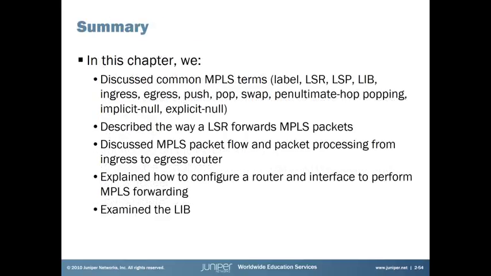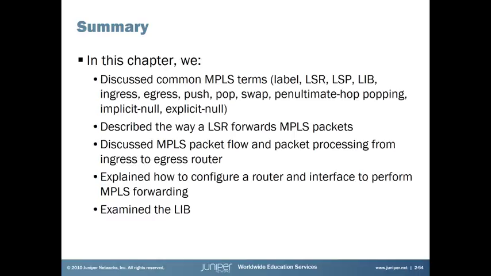Okay, so this is just a bit of an introduction to the concept of MPLS. We looked at the common terms: labels, LSRs (label switch routers), label switch paths, the label information base or LIB, the concept of an ingress router and the egress router, the push at the ingress, the pop usually at the penultimate, and a swap by the transit routers.